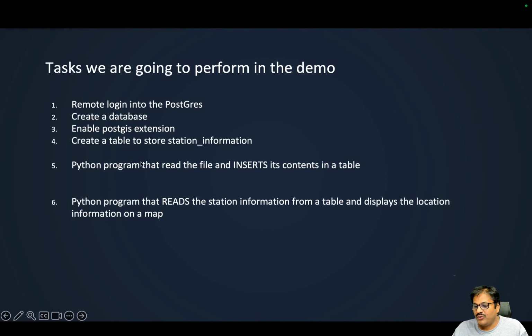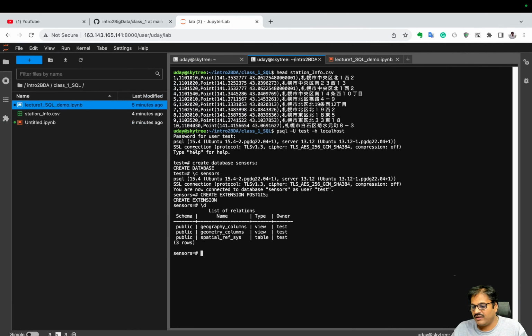Now we have to create the table to store the station information. So now let us create the table. The SQL command to create the table is the create command. So create table, let us say our table name is sensors info.